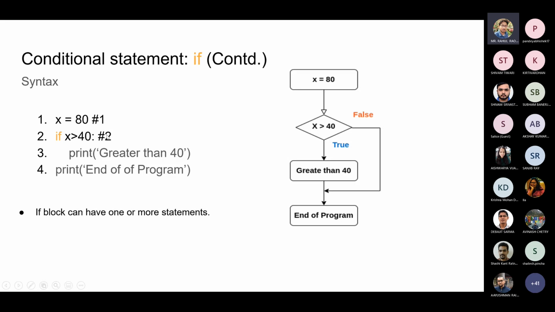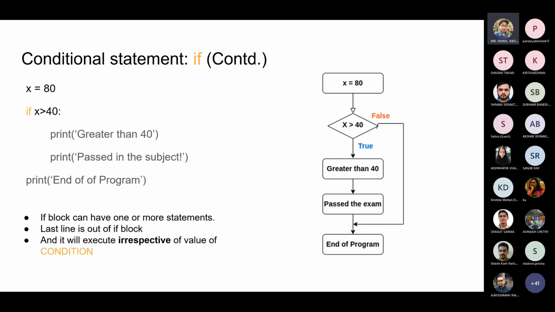So if x is equal to 80, this condition is obviously true, and it will come to the next statement, print greater than 40. If x equal to 30, then the condition x greater than 40 will become false, and it will come directly to the end of the program.